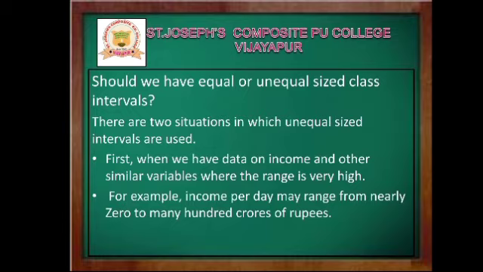Income is a variable, so it changes a lot, and that creates unequal sized classes. So when the range is very high, we use unequal sized intervals. This is the first situation.